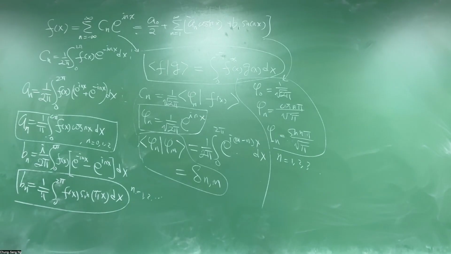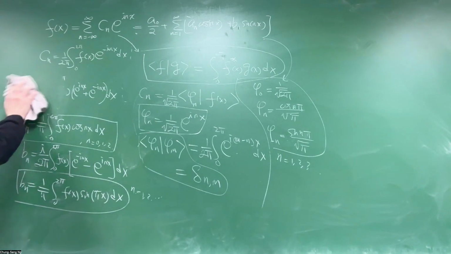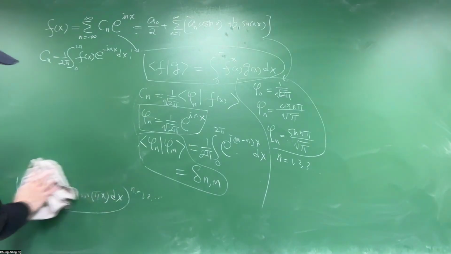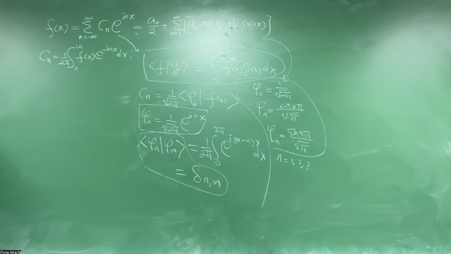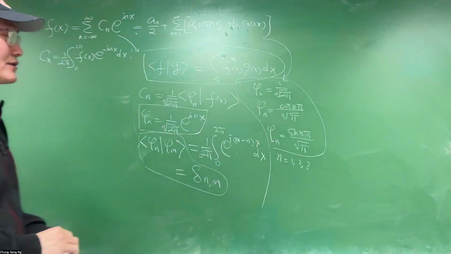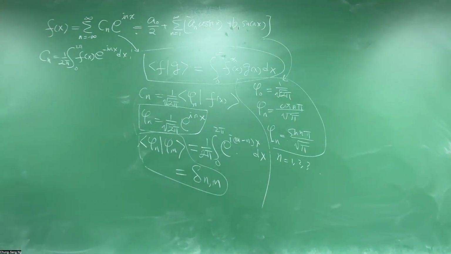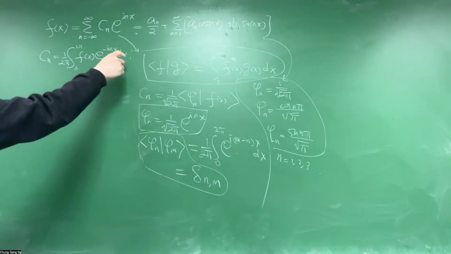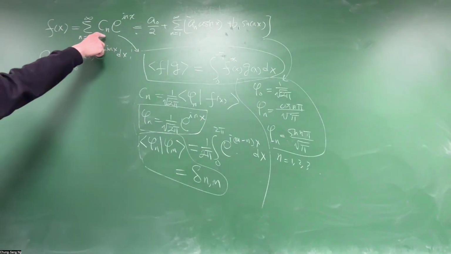You can see it by substituting all the c sub n back into here. I'll just do the c sub n and leave the sine series and cosine series, since it's basically the same. We substitute this into here.